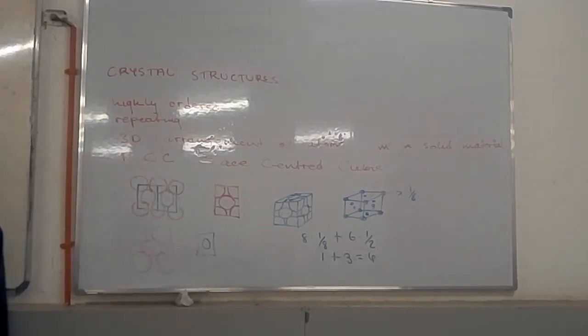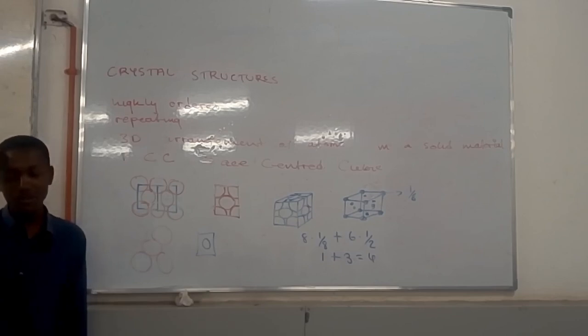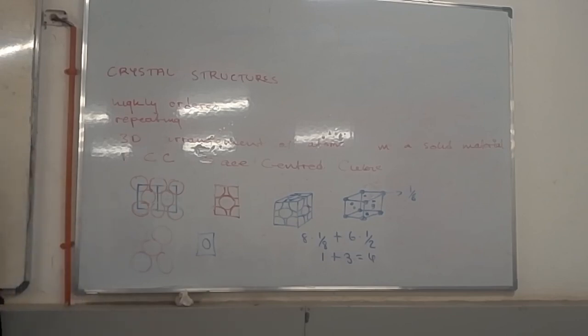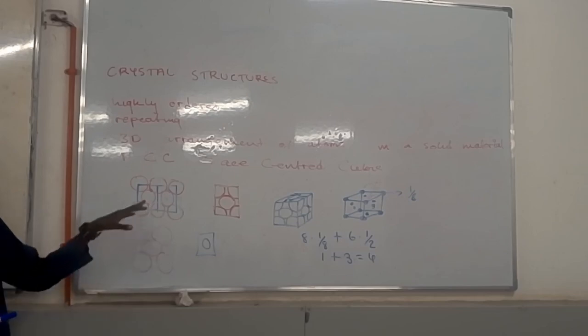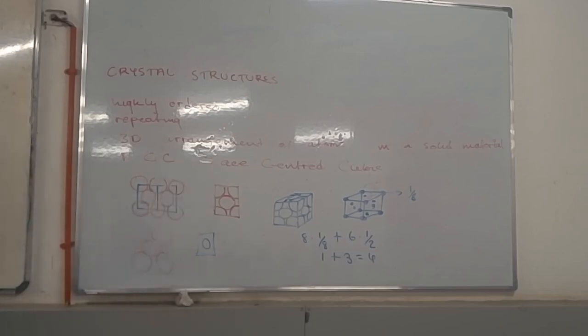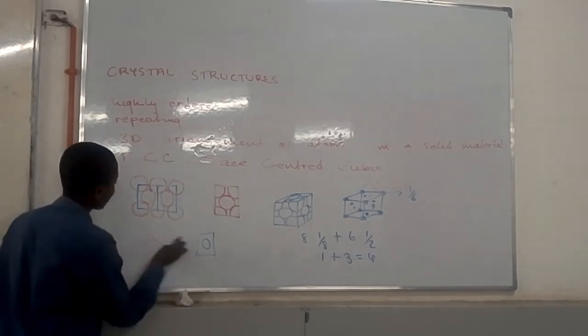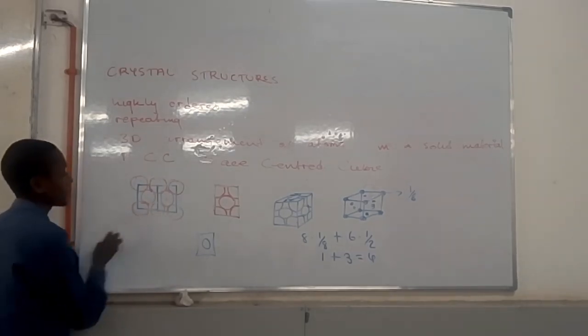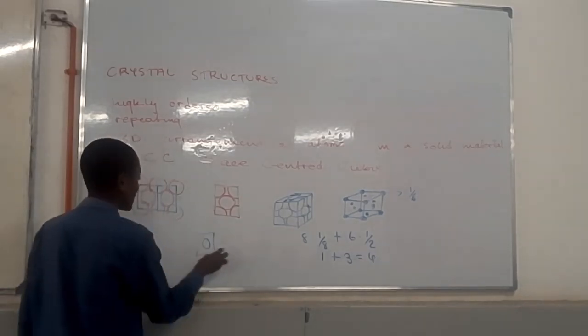The other thing that you need to determine about the same face centered cubic is its volume. Guys, if I just remembered the volumes from my head, trust me, I would have just been writing them.